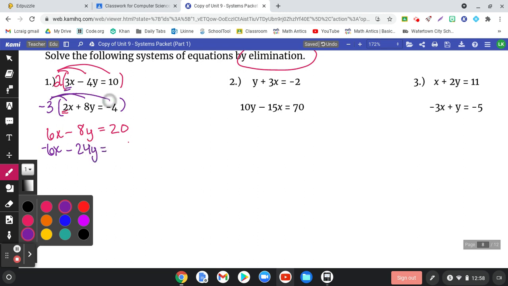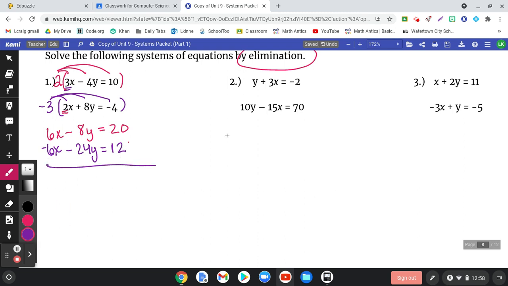And -3 times -4 becomes +12. All right, so the whole point in doing that is now we've created opposites. When I go to add these two equations together, 6x minus 6x will cancel. The x's will be eliminated. All right, that's why this method is called elimination.